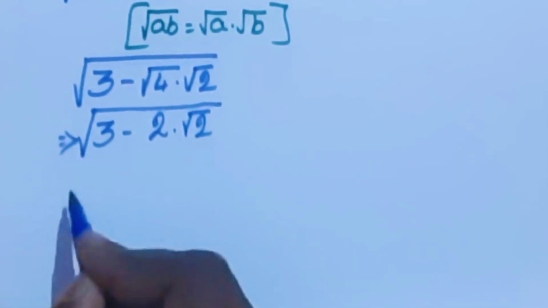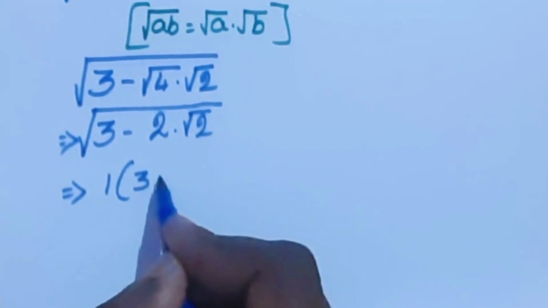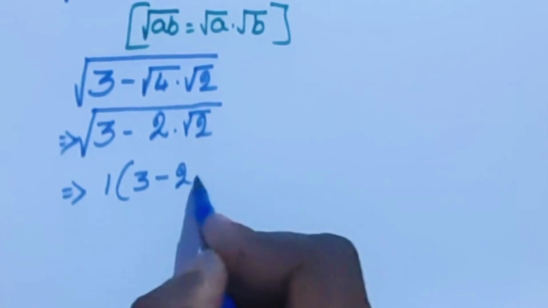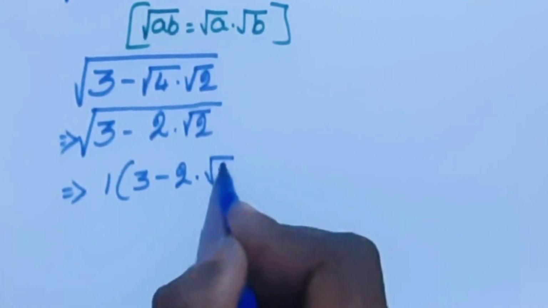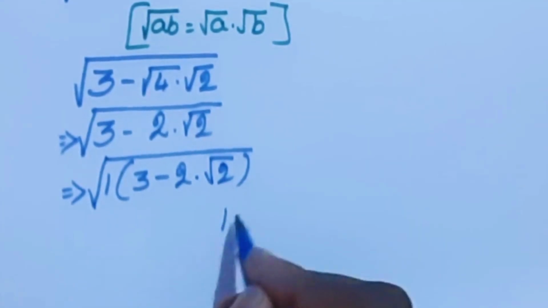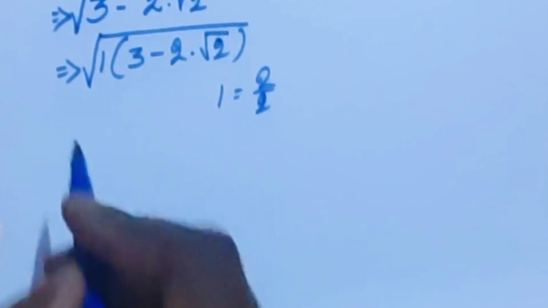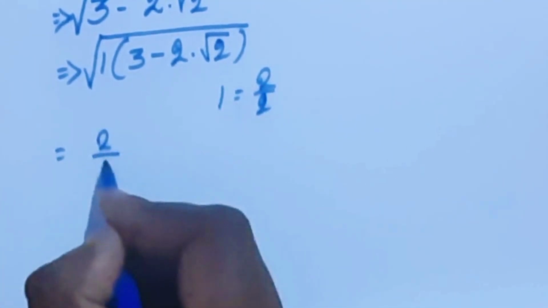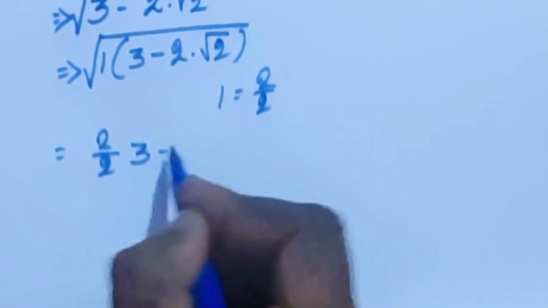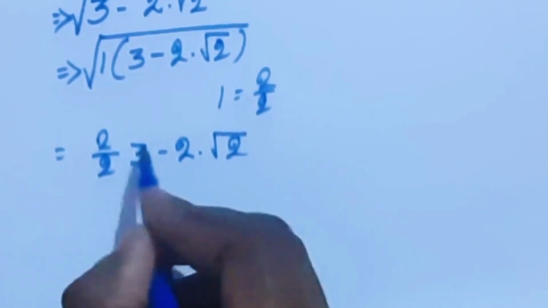Now we are going to multiply here 1 times the square root of 3 minus 2 times the square root of 2. Now this 1 can be written as 2 by 2. So 2 by 2 times 3 minus 2 times the square root of 2.